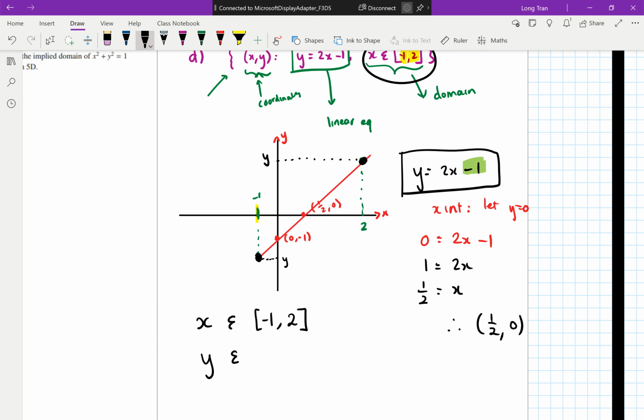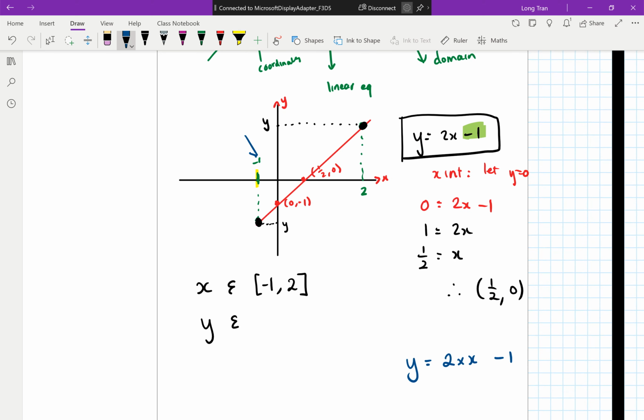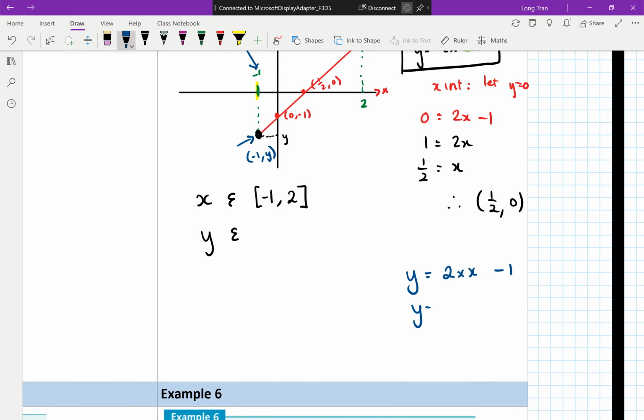So apparently, y will equal 2 times the x, and then -1. I've got my x values. At this point here, x is -1. I just want to know what y is. Sub x equals -1 in. So here we go. y will equal 2 times -1 minus 1. That's -2 minus 1, as long as you're not making any negative errors.